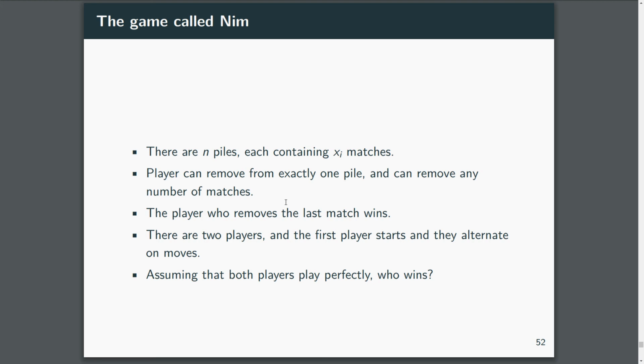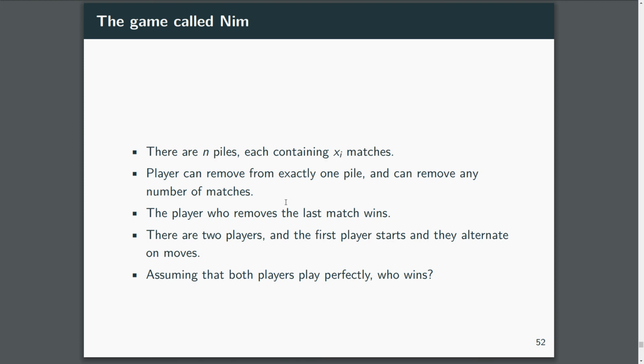So let's look at a game called Nim, and this game is kind of the most fundamental combinatorial game. So we have n piles, and each of them contains some number of matches, let's say x_i for the ith pile.